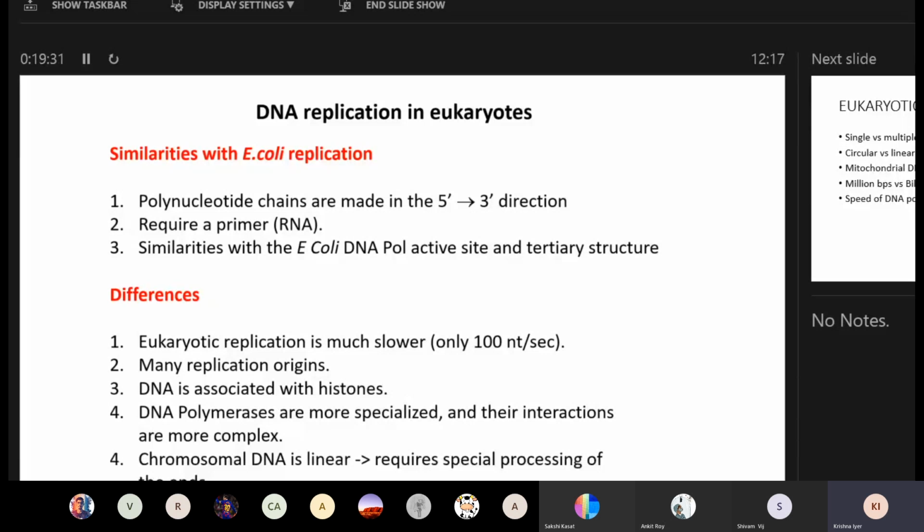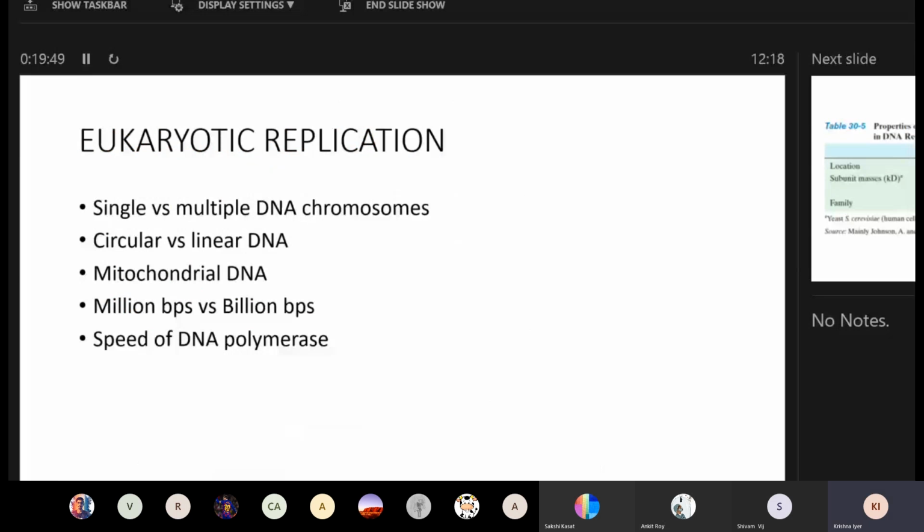Many of you are probably familiar with the fact that this linear chromosomal DNA creates a big issue when replication occurs, especially at the ends of the chromosomes. So again, going back: one, we already talked about this, we tend to have multiple chromosomes, and they tend to be linear.